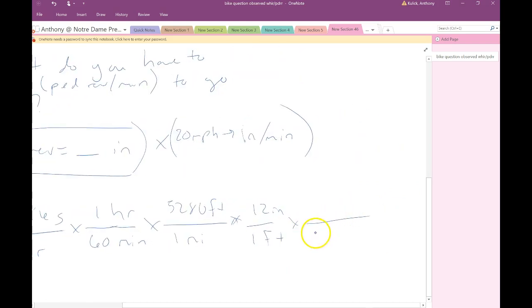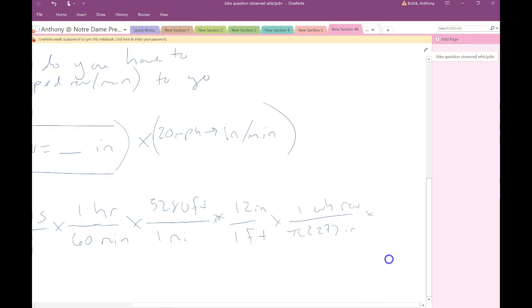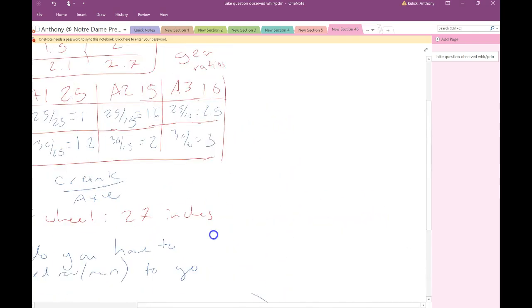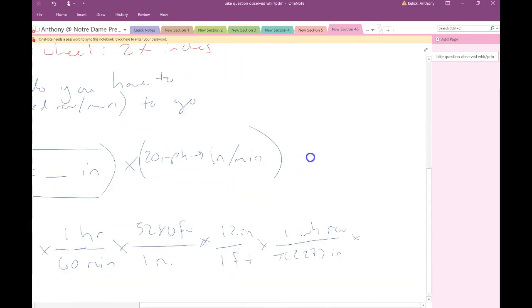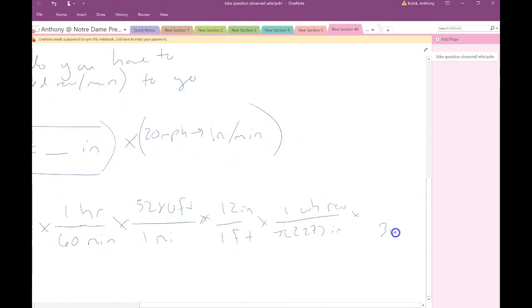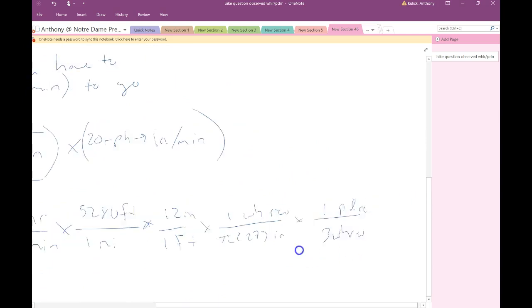And then I know that pi times 27 inches is 1 wheel rev. And from my chart, if I wanted to pick the most efficient way, I'd pick the biggest gear ratio. So that's going to be 3 wheel revs per 1 pedal rev.